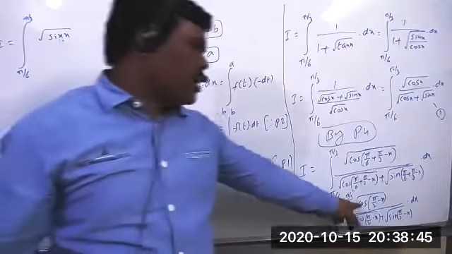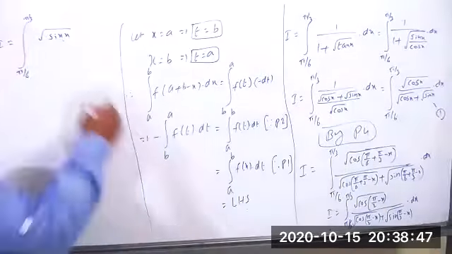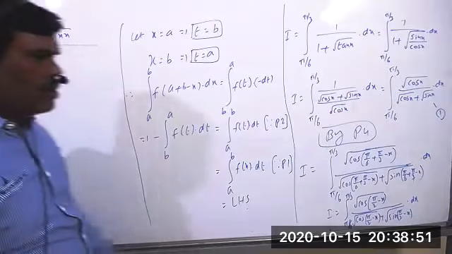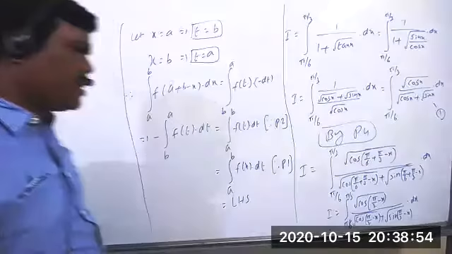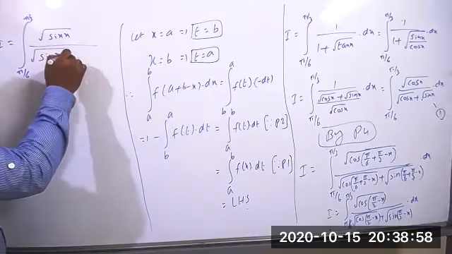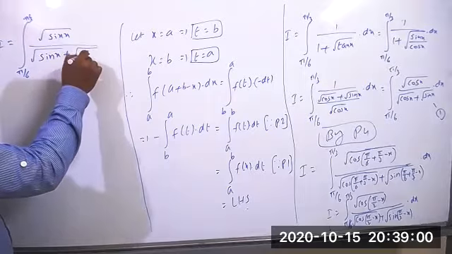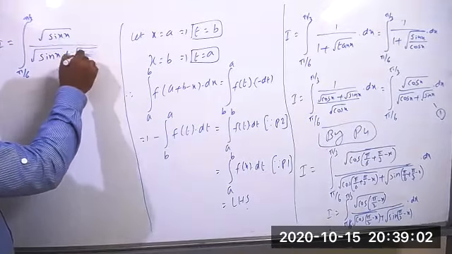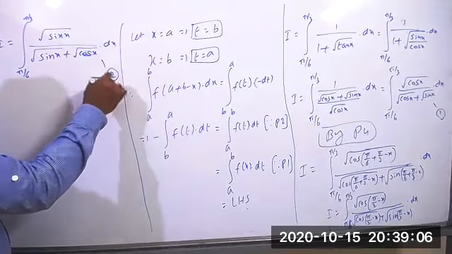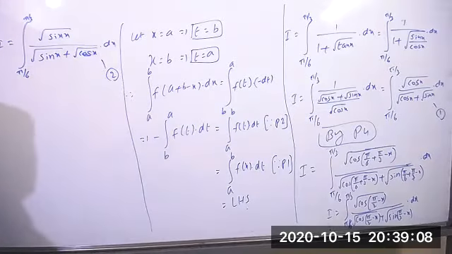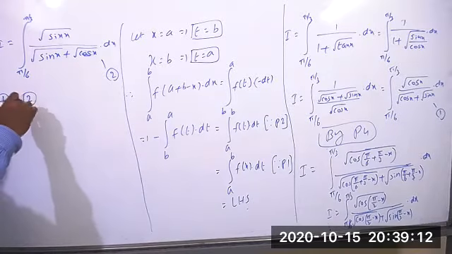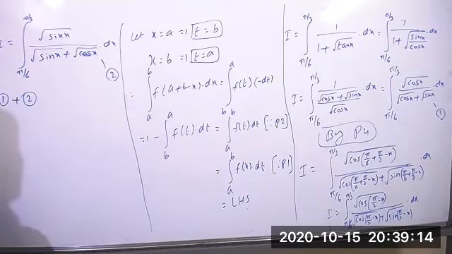Cos 90 minus theta equals sin theta, so sin x whole by, here also root of cos 90 minus theta equals sin theta and sin 90 minus theta equals cos theta. So root of cos x into dx. This is equation number 2. Now we can take 1 plus 2, the first equation and second equation added.